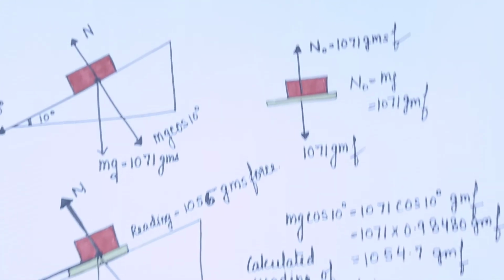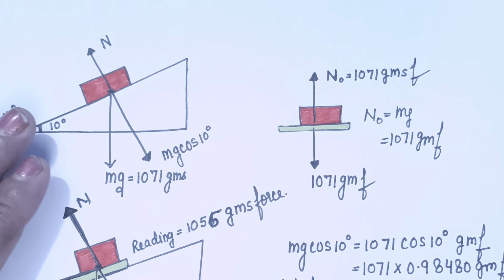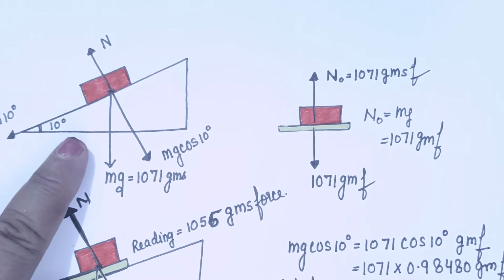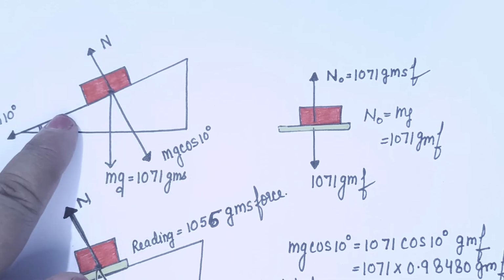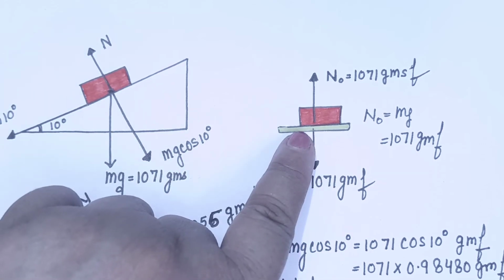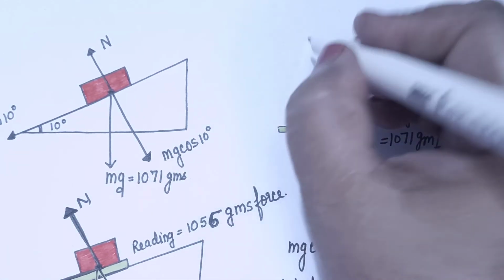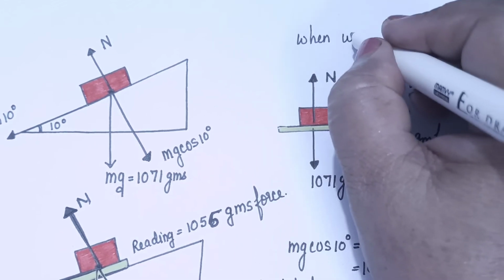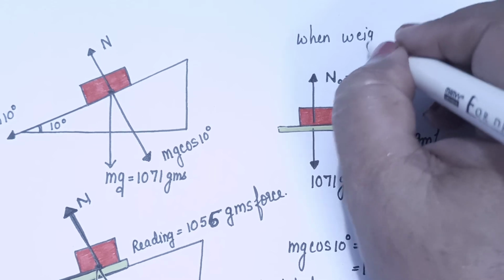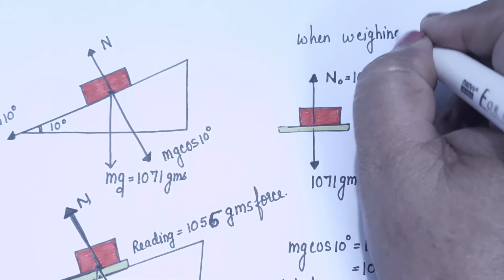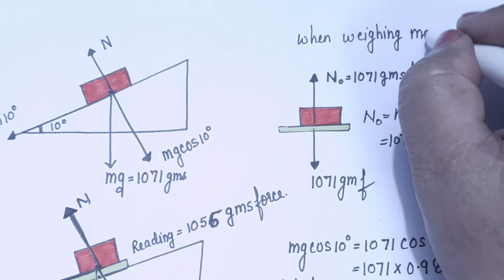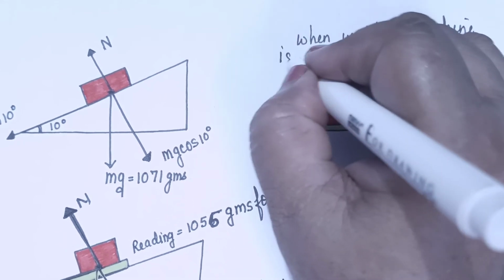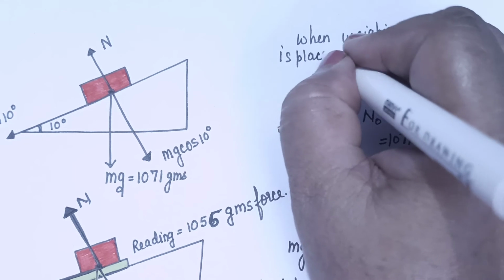So now we can write this experiment in our practical copy. First you have to copy these diagrams with the values on the left page of your practical copy. When the weighing machine is placed on the horizontal surface, we will write here.